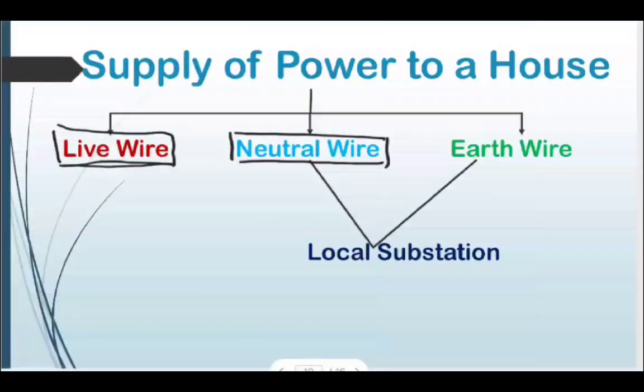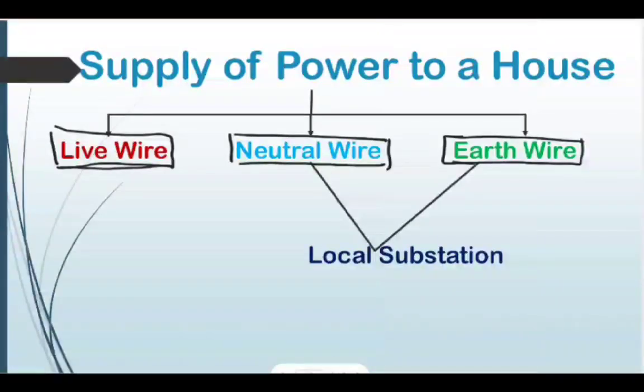And the earth wire, or ground wire, anything it can be called, is either green or yellow. So the live wire also, children, can be either red or brown.